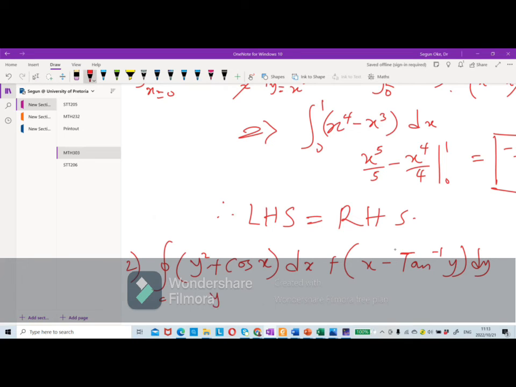We have the boundary to be y equals 4 minus x squared, y equals 0.